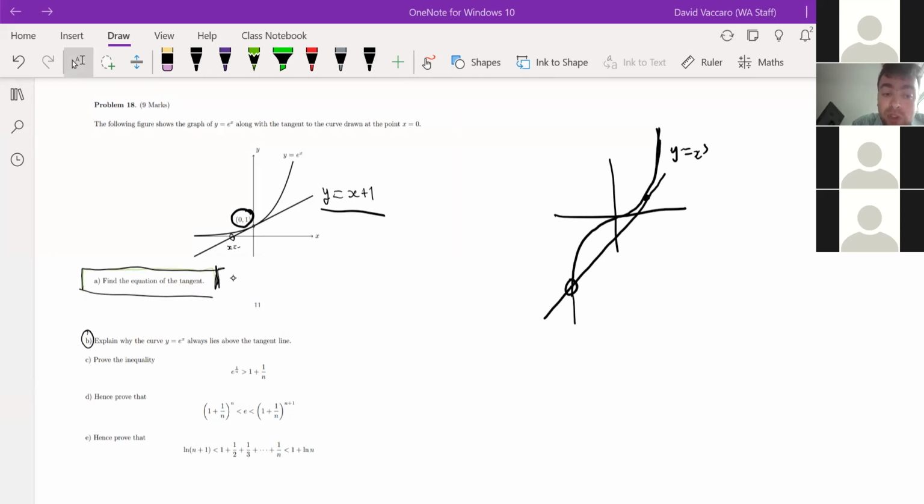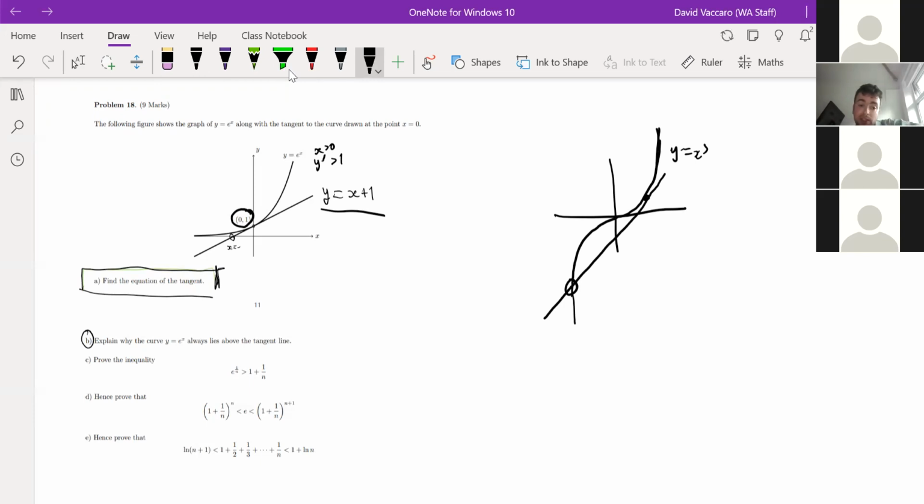But what happens when you cycle along the curve y equals e to the x? What happens to the gradient of the curve? It gets steeper. Okay, so here for x is greater than 0, y dash is always bigger than 1. So the curve y equals e to the x is steeper than the line, and that means that it goes above it.